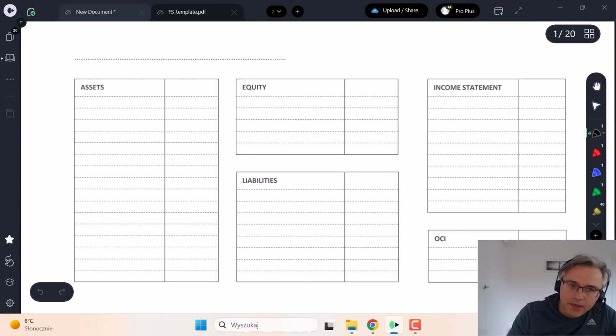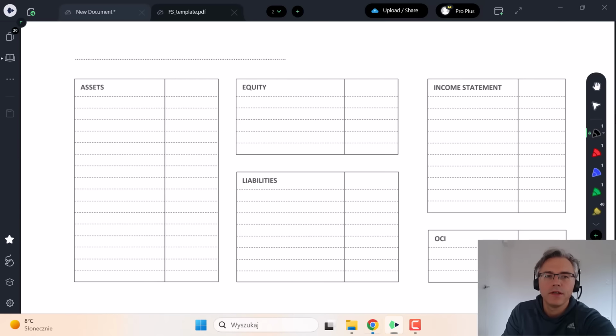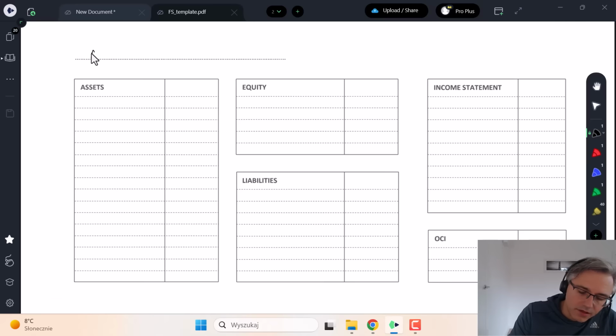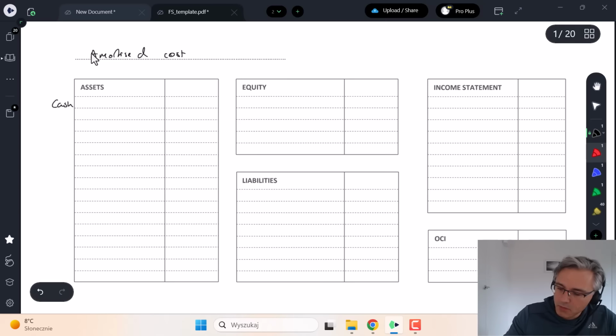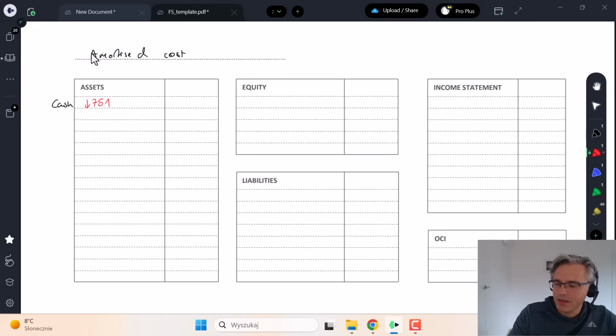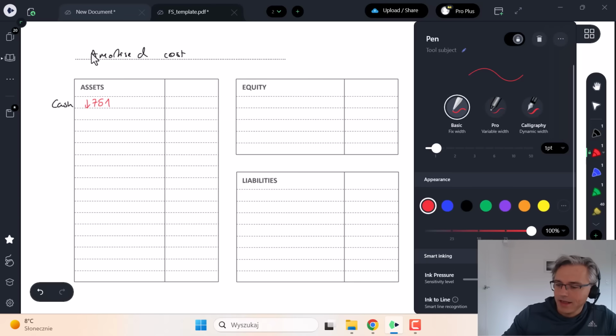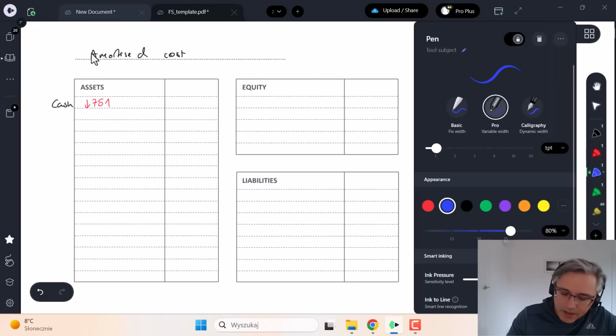Over here, I'm going to simply write that this is going to be the amortized cost approach. Right, what happens initially? Well, initially, out of our assets, we experience a cash outflow. The bond was purchased for 751. It's an asset, an investment that we make.